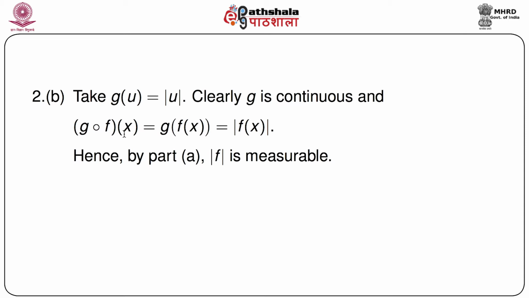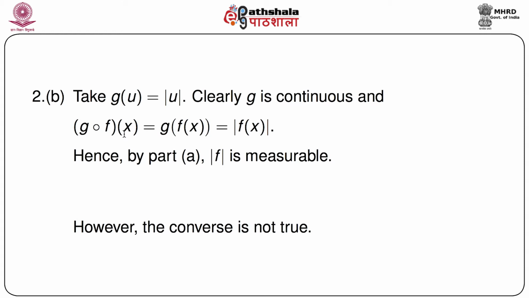Now since g is continuous and we know that f is measurable, by the previous problem g composition f of x is measurable, which is g of f(x). Now g of f(x) is again mod of f(x). Hence by part A, mod f is measurable, because we have already proved that g composition f of x is measurable when g is continuous and f is measurable. So mod f is measurable when f is measurable.